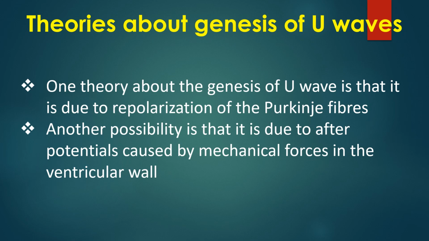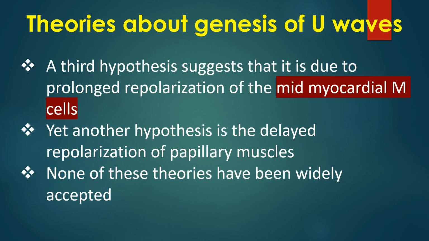One theory about the genesis of U wave is that it is due to repolarization of the Purkinje fibers. Another possibility is that it is due to after potentials caused by mechanical forces in the ventricular wall. A third hypothesis suggests that it is due to prolonged repolarization of the mid-myocardial M cells. Yet another hypothesis is the delayed repolarization of papillary muscles. None of these theories have been widely accepted.